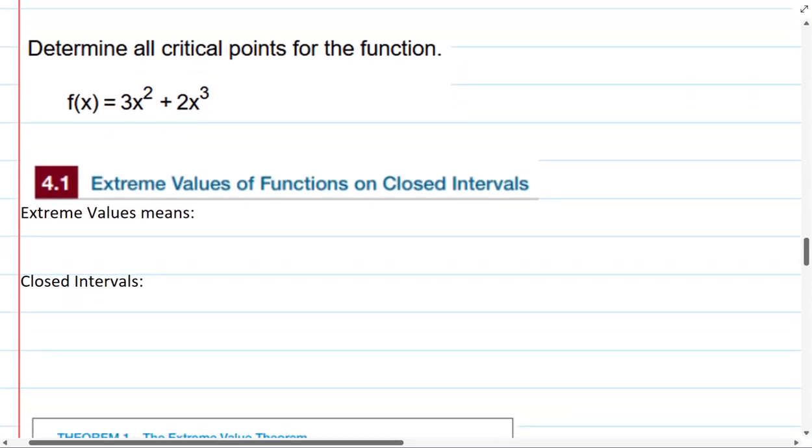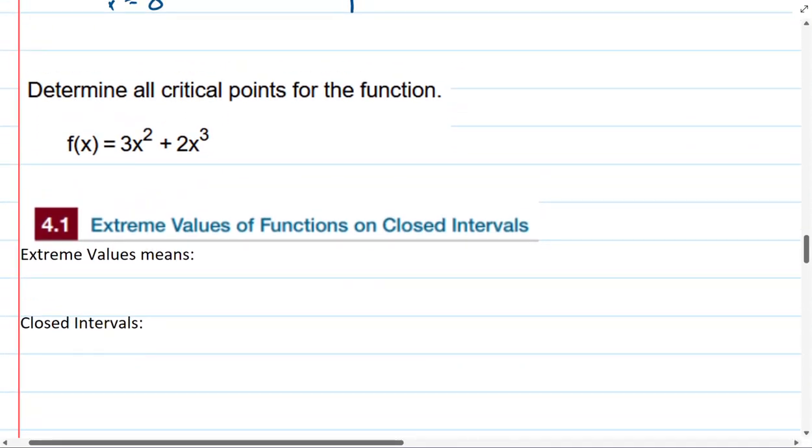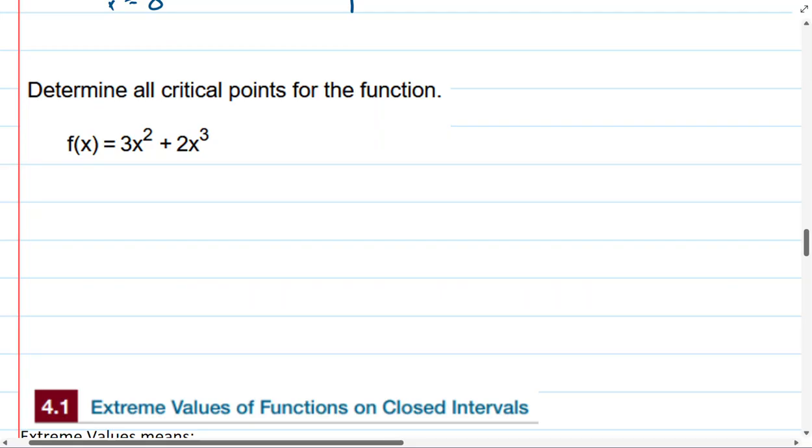This is my last example for this group. This one only wants the critical numbers, nothing more than that. And it is an open function.